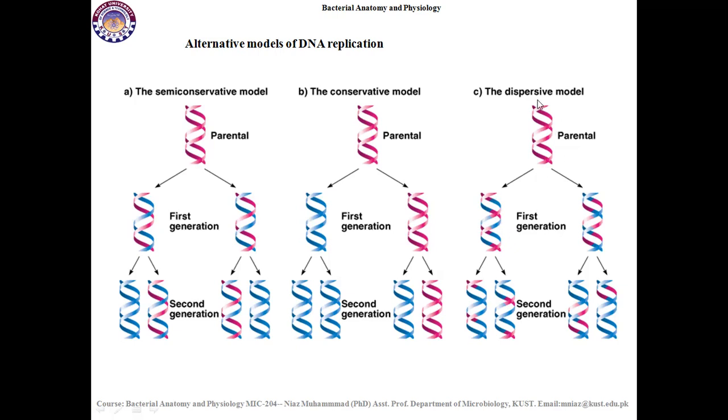This was the dispersive model. So these are the alternative models of DNA replication: the semi-conservative model, the conservative model, and the dispersive model. The dispersive model could not get much place in science, but the semi-conservative model got the most appreciable place in science.